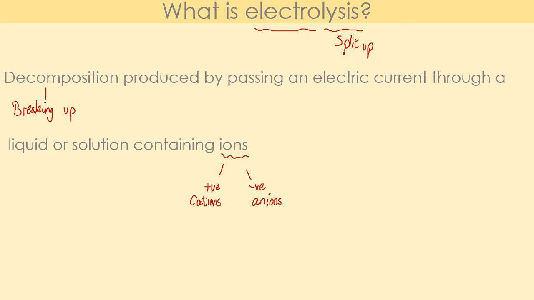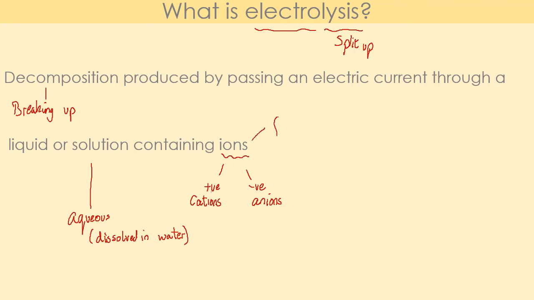We'll have a little look at this bit as well later on, but talking about liquid or a solution. So liquid just means it's in the liquid state. A solution is normally something that is aqueous. That just means it's dissolved in water. You might remember from looking back at C3 and the structure and bonding that ionic compounds can conduct electricity when aqueous or liquid because the ions are free to move.